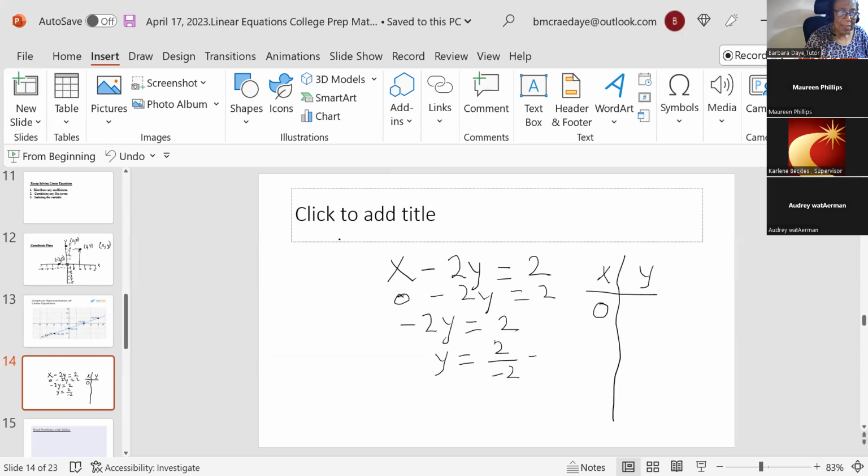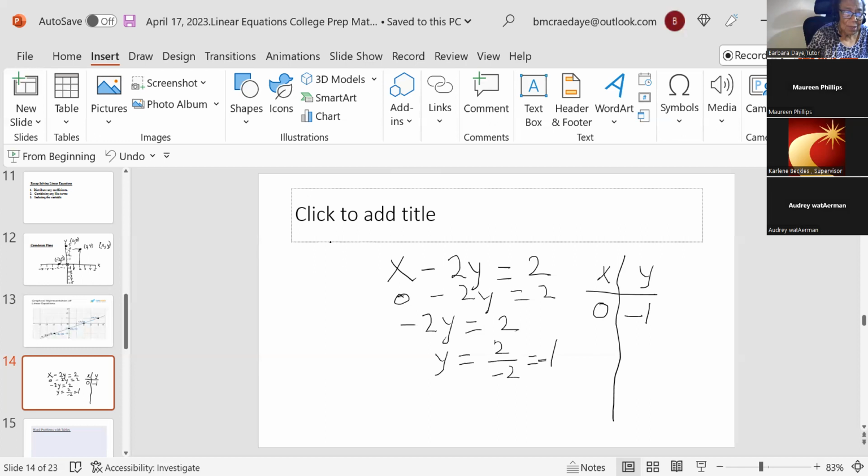That's a negative 1. Not a 1, Maureen, a negative 1. So when x is 0, y is a negative 1. You substitute the 0 for the x and solve for the y. But remember your signs now. Positive over negative gives negative.